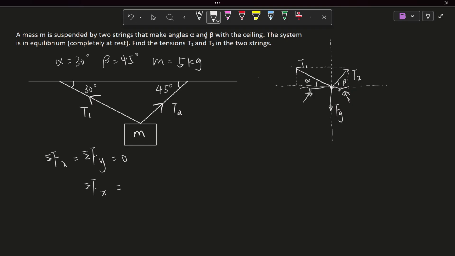What is this force component? It is T1 times cosine alpha, and then minus T2 times cosine beta, which is equal to 0.